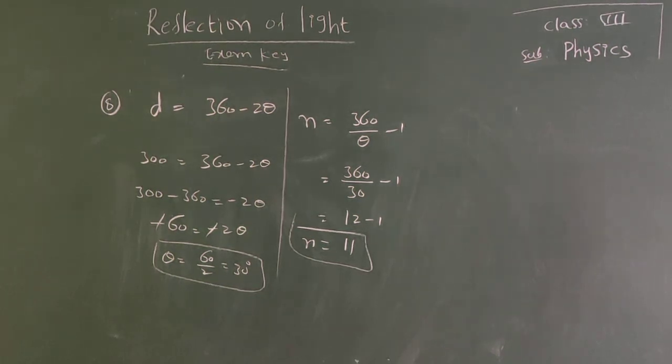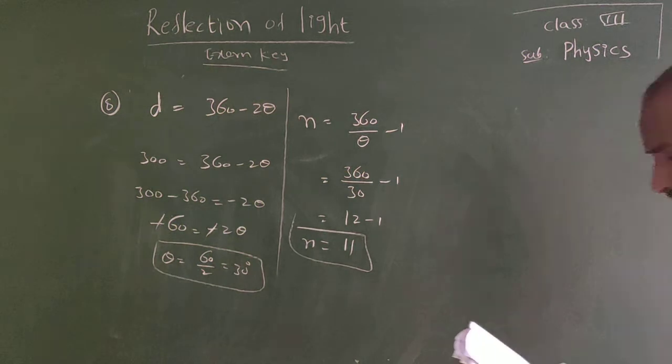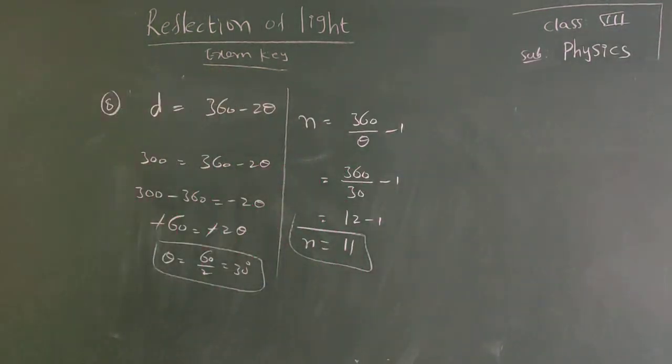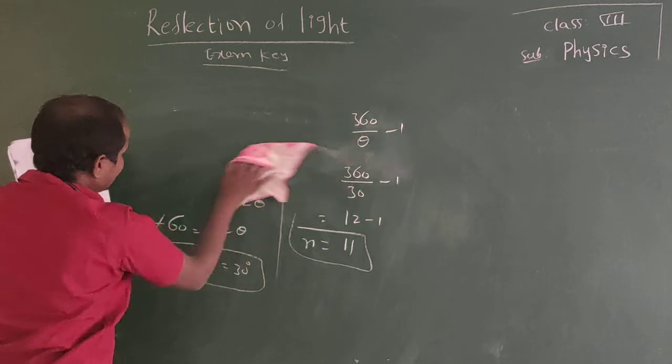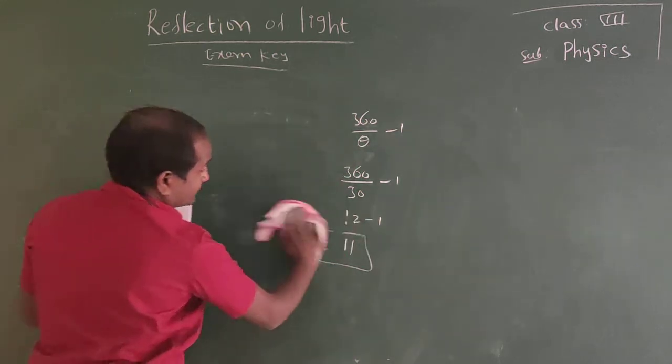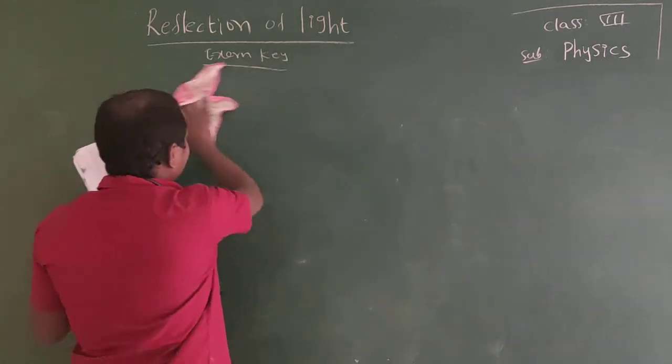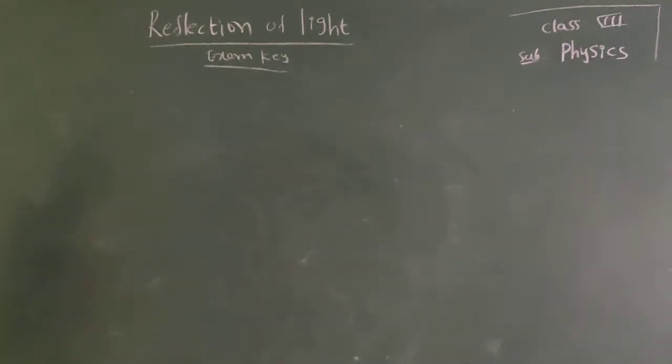Okay. Next one, ninth one. A man is 6 feet tall. In order to see his entire image, he requires a plane mirror of minimal length. So we want to see the full image of our body. Then we require half of the man's height.